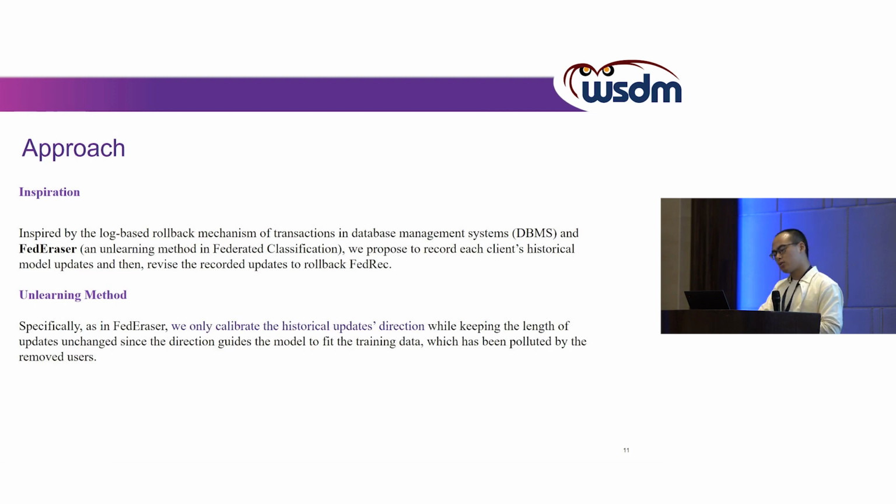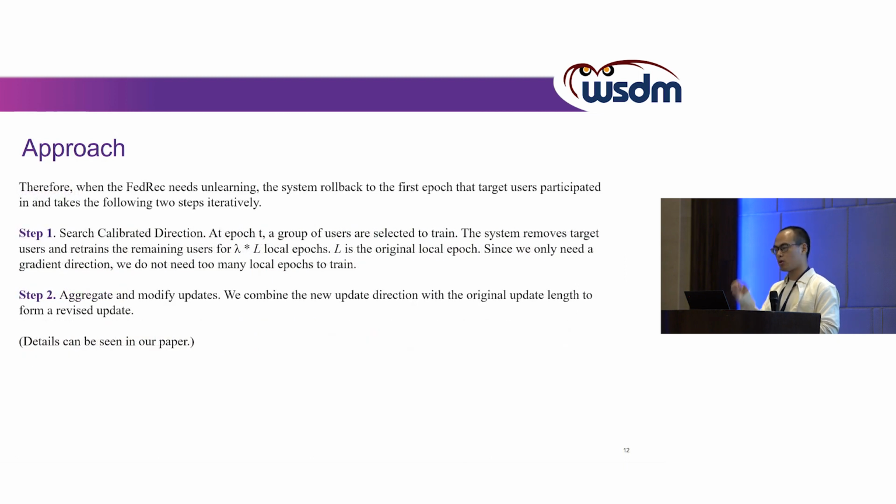So since we only need to search for a new direction, compared to retraining the model from scratch, we can use fewer local epochs. So here lambda is a speed-up factor, and in our experiment we showed that actually we only need to set lambda to 0.1. That means we can theoretically get 10 times faster than retraining from scratch.